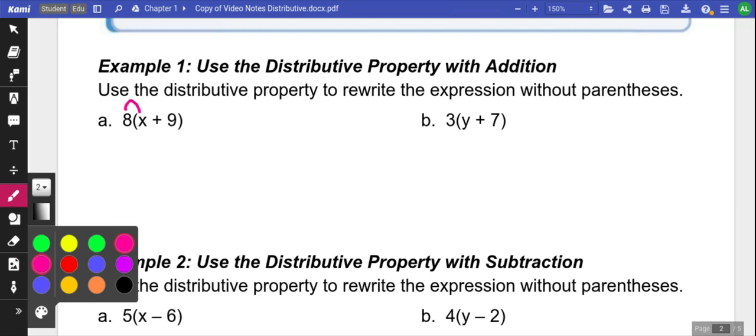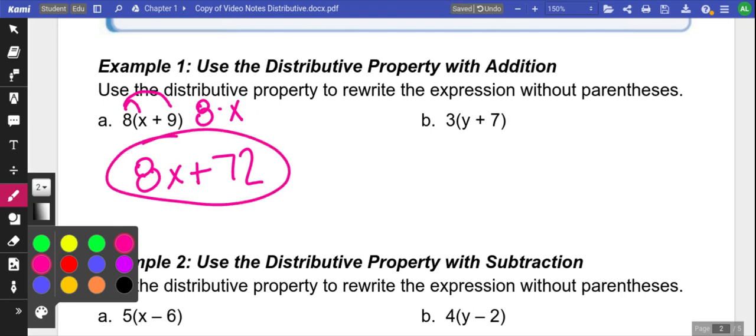So 8 times X and 8 times 9. 8 times X, that's going to give us 8X plus 8 times 9 is 72. These aren't like terms, so that is our final answer there.